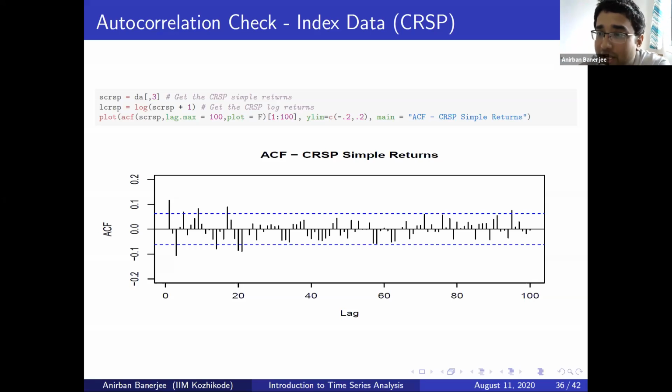We want to check if there is serial correlation in this data or not. Now you tell me if there is serial correlation in this data, yes or no. Jay says there is autocorrelation. So my question is, is this data serially correlated, yes or no?